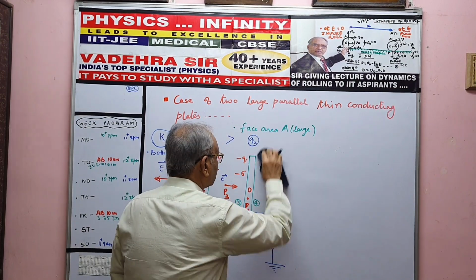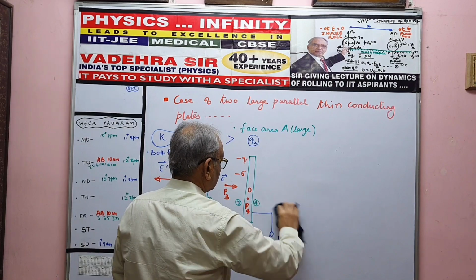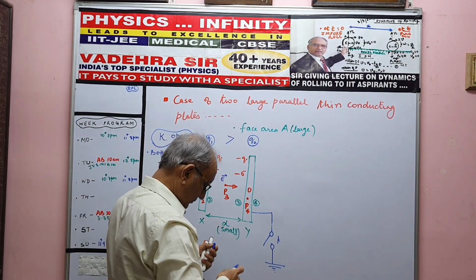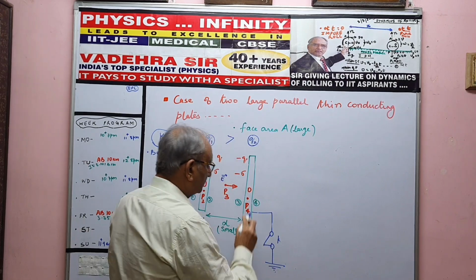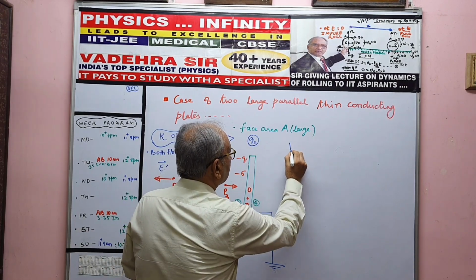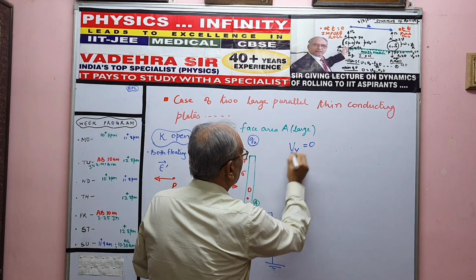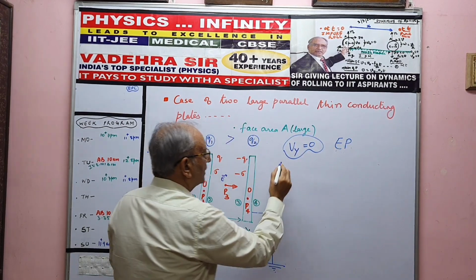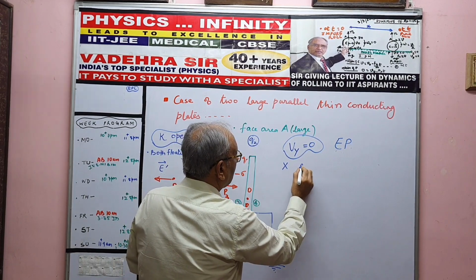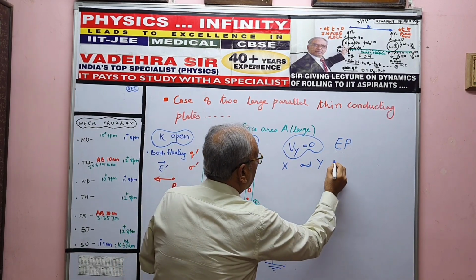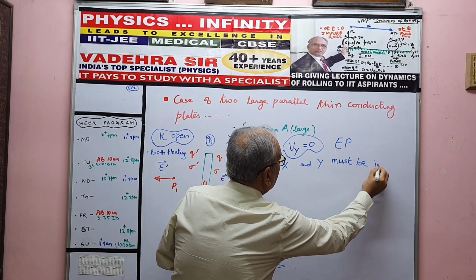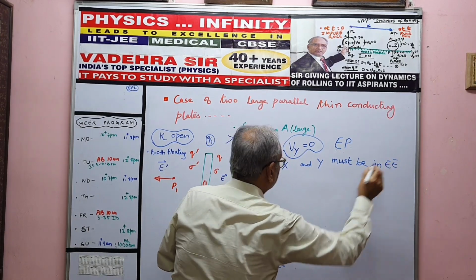Okay, let me show you now. So this is closed, so Vy becomes 0. This is an earth plate. Moreover, X and Y must be in electrostatic equilibrium.